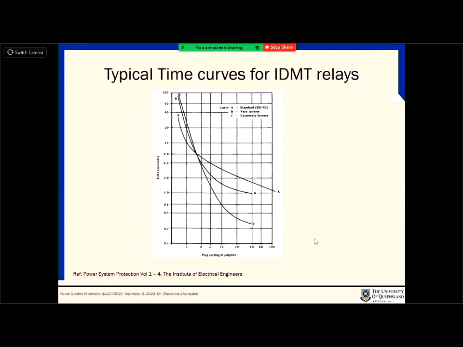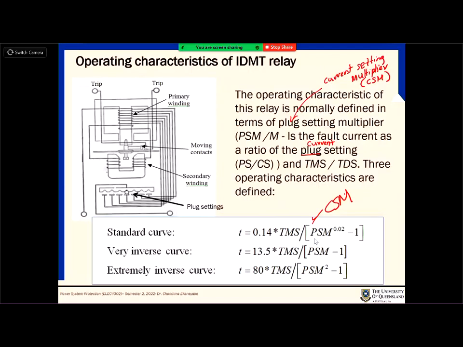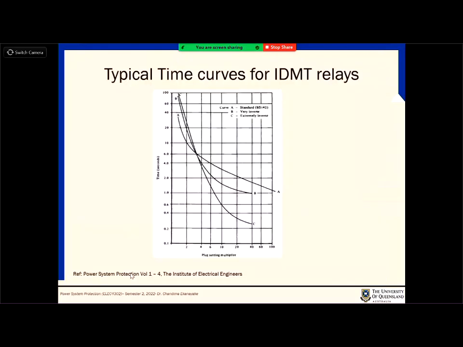This is again the same 3 curves in the IEC standards that you will find, 3 different types of curves. The reason is that their response to a fault is different. For certain curves, the response is fast; for certain curves, it is slow, as shown here.